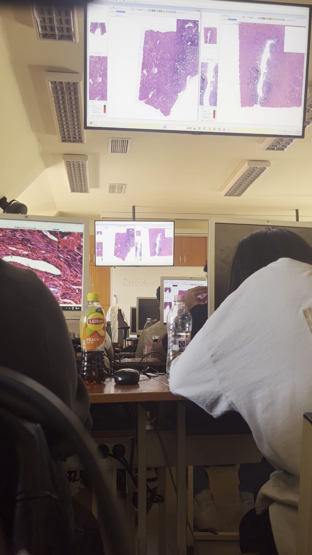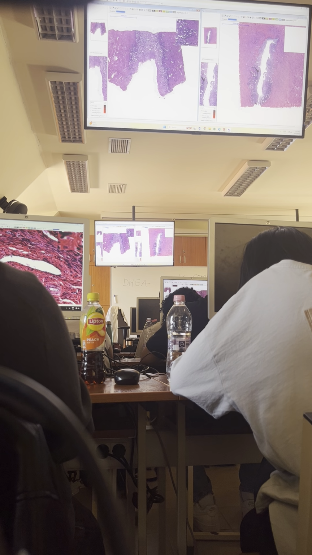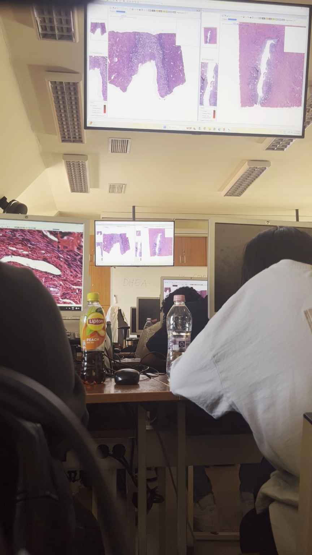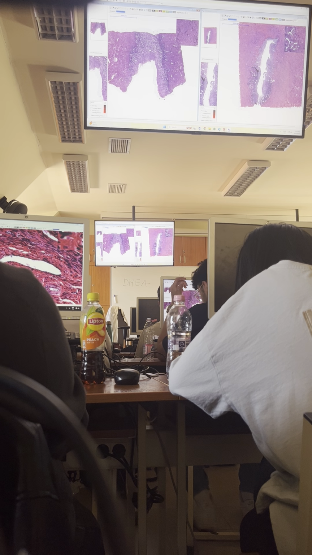And if you compare, you can really see that, well, I need similar magnification, okay, 5,000 micron, 5,000 micron. So it is more or less visible that here the endometrium is thicker than here.